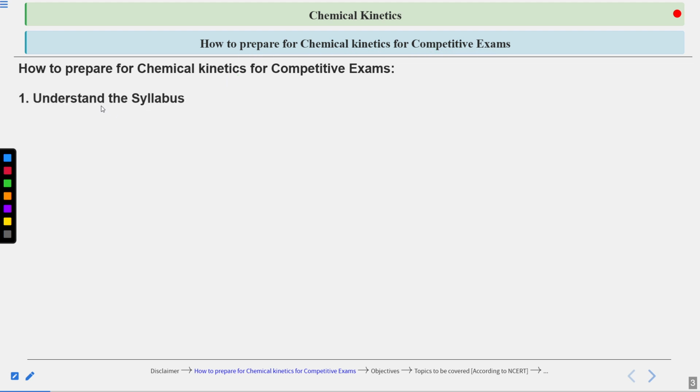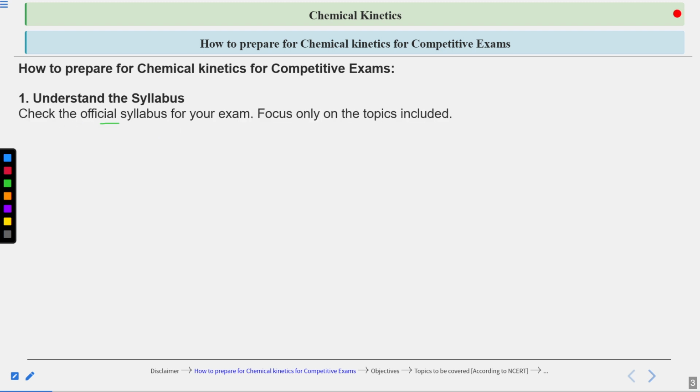First of all, you should understand the syllabus of this chapter, and the percentage of the syllabus which is coming in your particular examinations. Different examinations hold different percentages of various chapters, that is, how much of the particular chapter is covered in that exam. So you should first of all understand the syllabus.